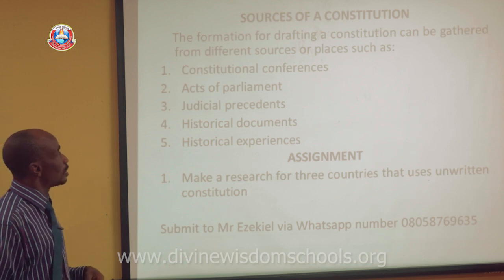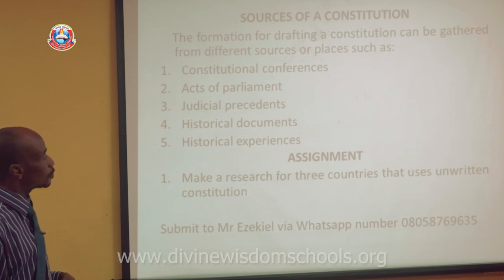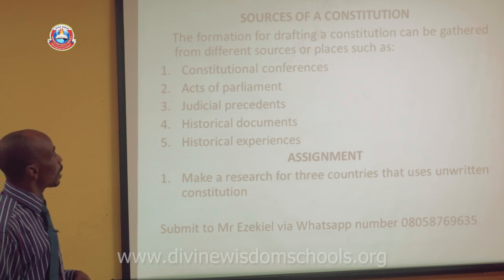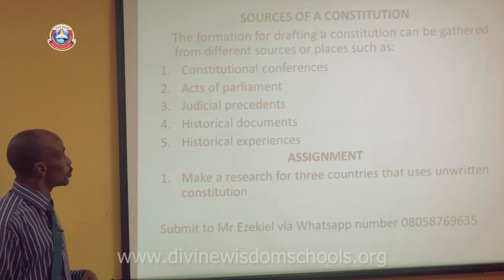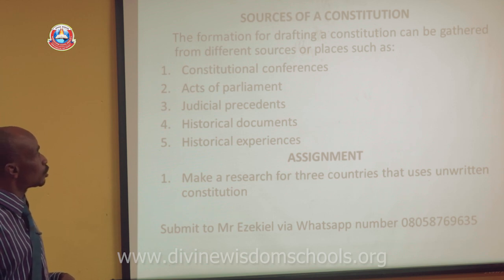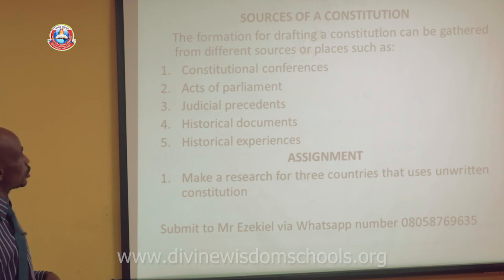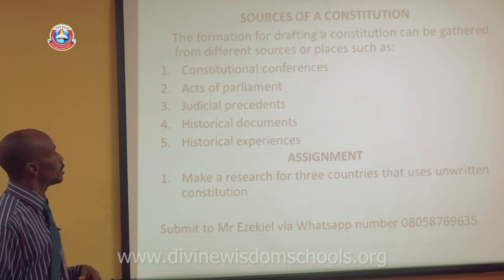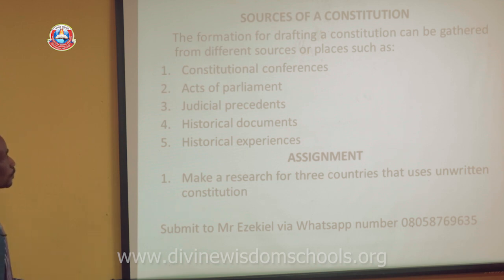The Act of Parliament, that is the law formulated by the legislature. The judicial precedent, the wise decisions and judgments that the judiciary passed in the past, information can be gathered from it.